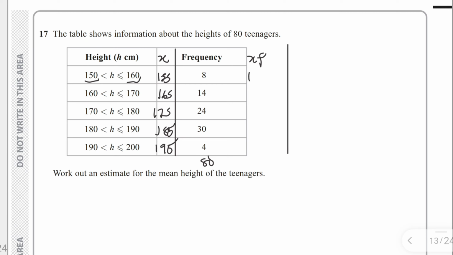So 165 times 14 is 2310. 175 times 24 is 4200. Then 185 times 30 is 5550. Then 195 times 4 is 780.